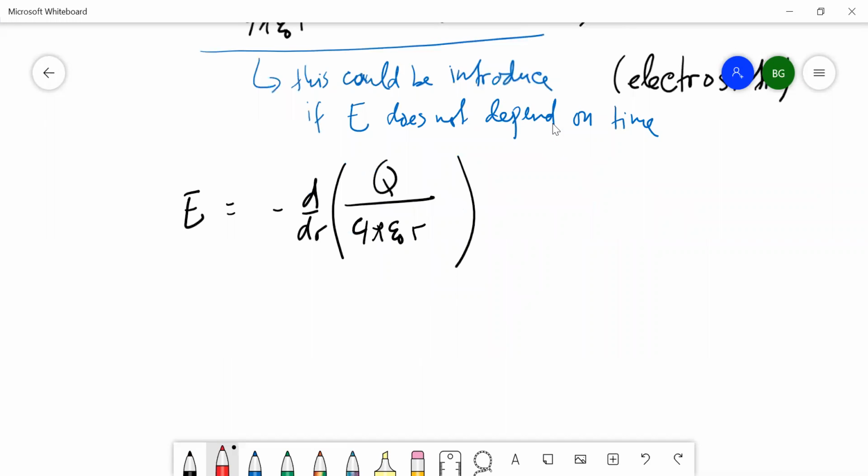Okay, so this functional, we call it potential.